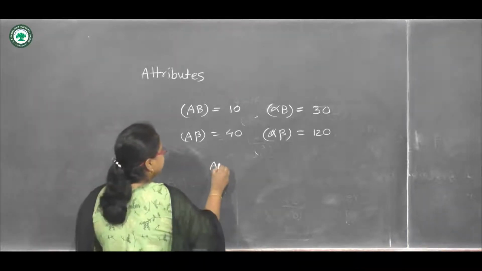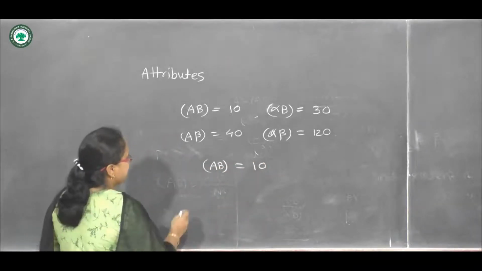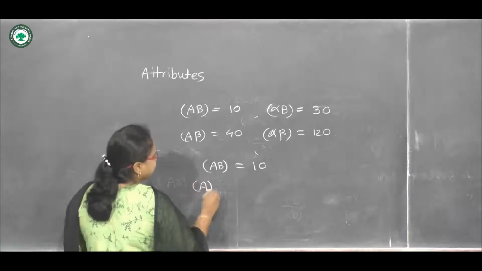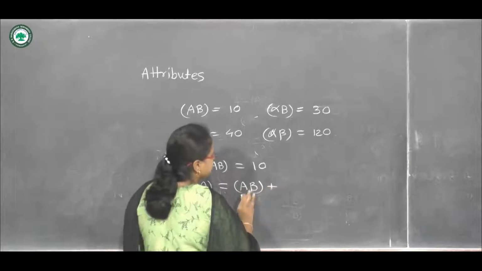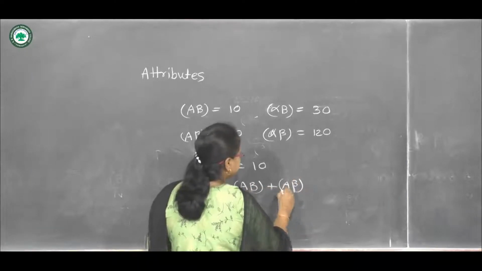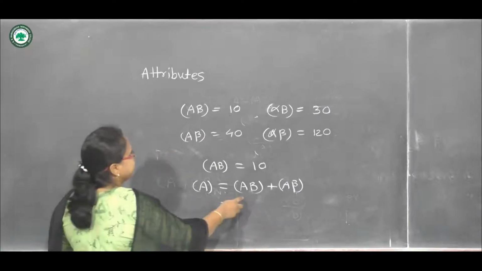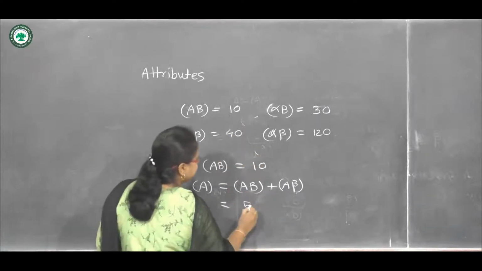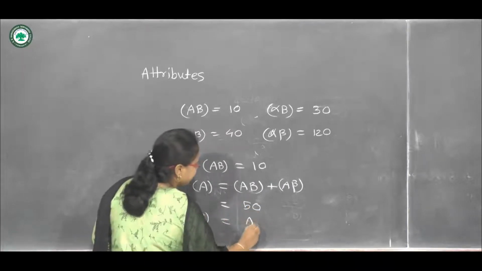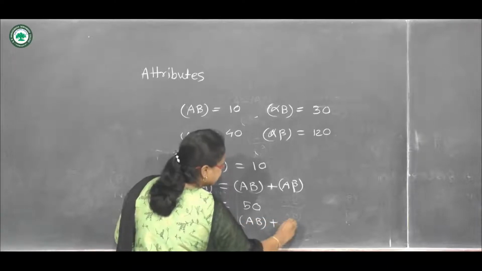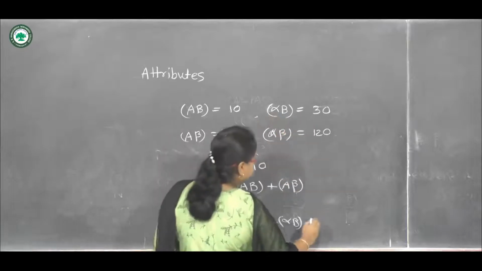We have AB equals 10 here, and we can obtain A by adding AB plus A beta. We know the relation from the previous lecture. So AB plus A beta will be 50. Then for B we have AB plus alpha B, which will be 40.